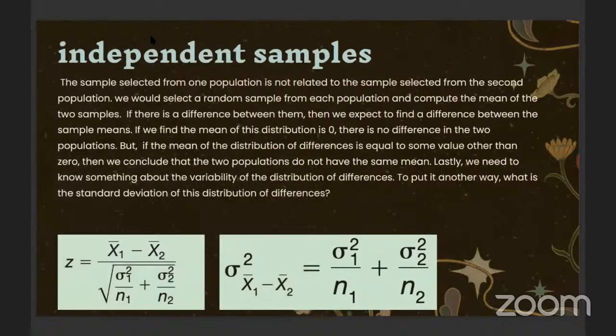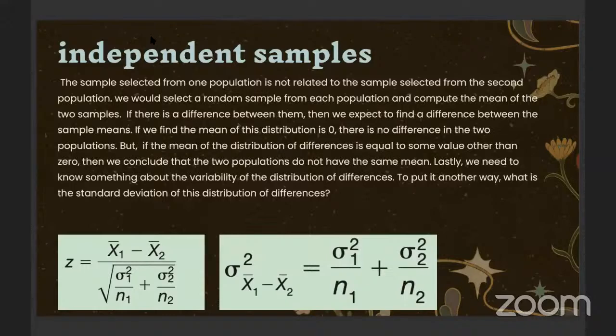Okay, we're going to continue to the independent sample. The sample selected from one population is not related to the sample selected from the second population. We would select a random sample from each population and compute the mean of the two samples. If there is a difference between the populations, then we expect to find a difference between the two sample means. If the mean of this distribution is 0, it means that there is no difference in the two populations.